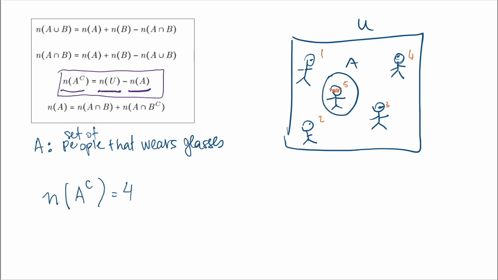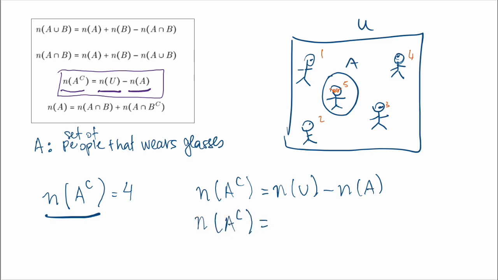So the formula says this: to find this number that I'm asking for, I need to get the number of people in the universe, or the total number of people that I have, and subtract the number of people inside A. So I'm going to apply the formula, okay?